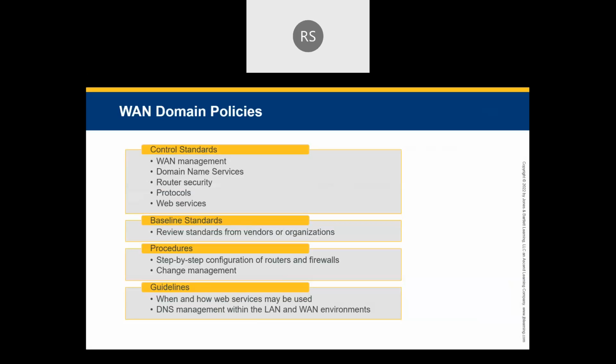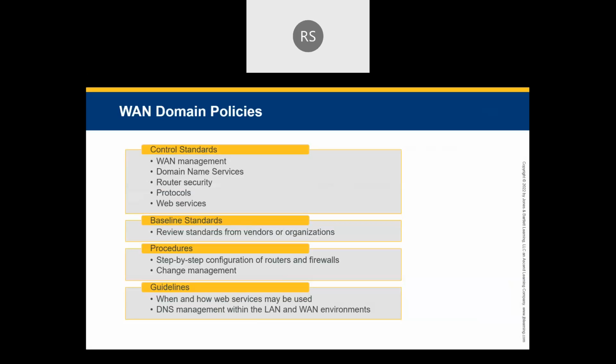So these standards provide a baseline for configuring and securing WAN devices, ensuring that they meet the industry best practices and security recommendations. So by aligning with established standards, organizations can benefit from the proven approaches to WAN security.